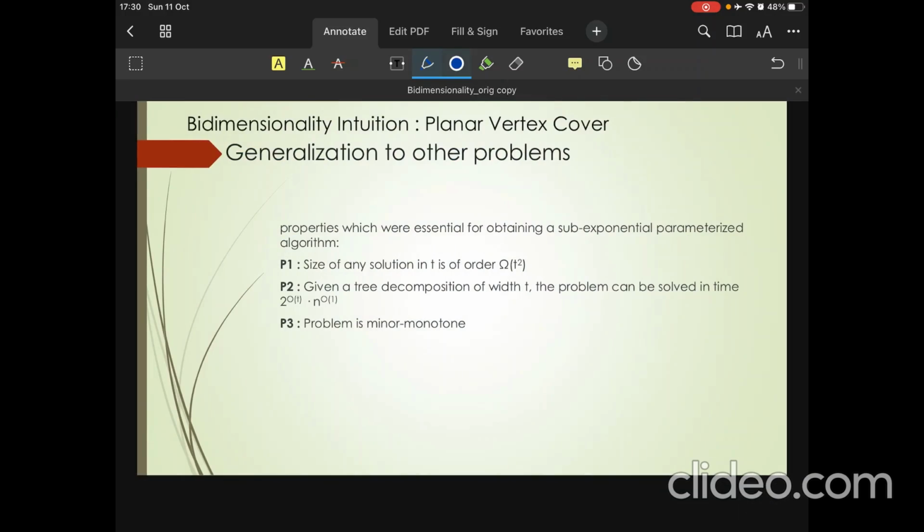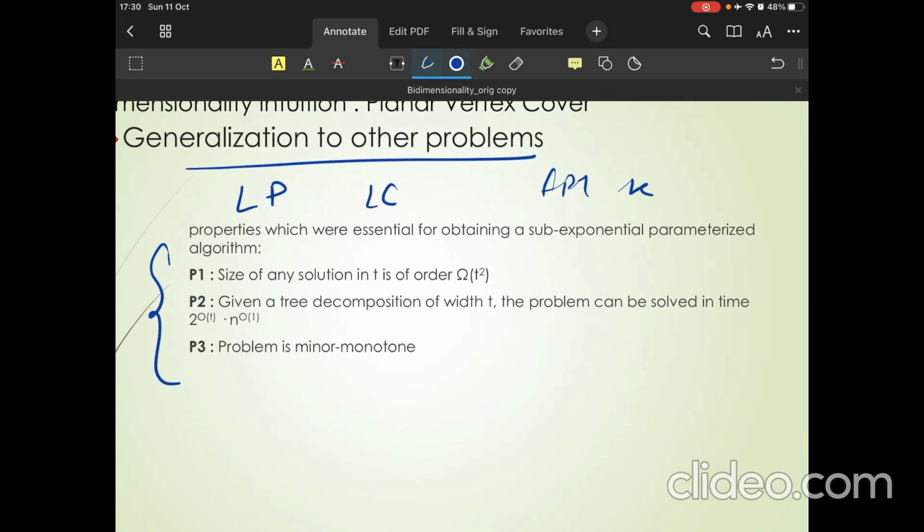So what we got from this was that this property system could be generalized to a lot of problems like longest path, longest cycle, and it could be used to get FPTs with respect to k.